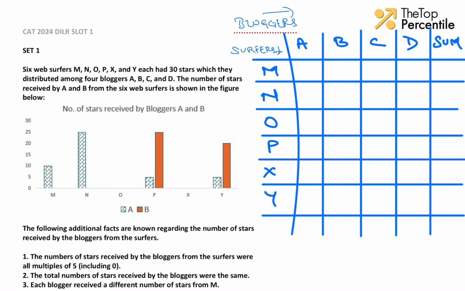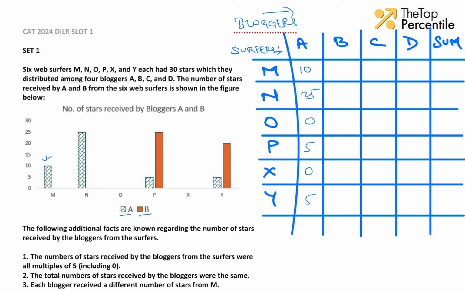So M gives out 10 stars to A here. So we'll note it down, 10 here. N gives out 25. Similarly, O gives 0, P gives 5, X gives 0, and Y gives out 5. Okay. So we have got all the stars received by A.